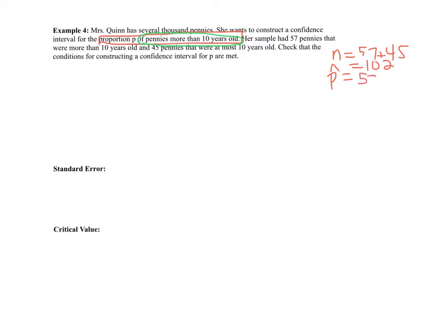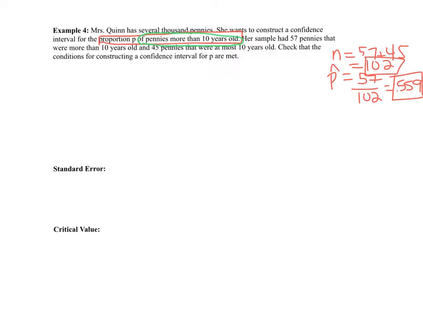So our sample proportion is going to be 57 over 102, which is going to give us about 0.559. So before you do anything else, make sure that you get the right sample size, make sure you get the right sample proportion. You got to do that first. Sometimes they'll actually give you this stuff, but this one, they didn't, but that doesn't mean that you can't do it. Just make sure that you get it on your own.